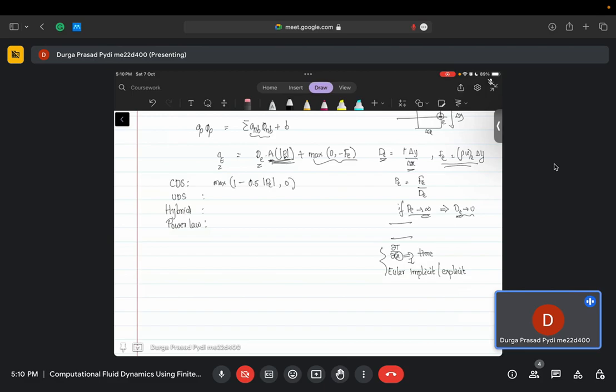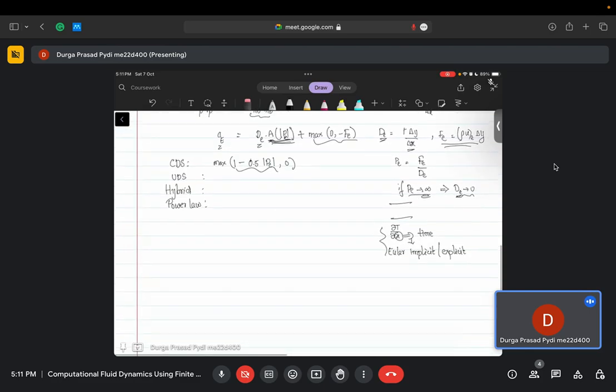So what we mean here is, if this particular term is positive, the flow is in the positive direction, and the Peclet number is less than 2, then 1 minus half Pe will be positive.